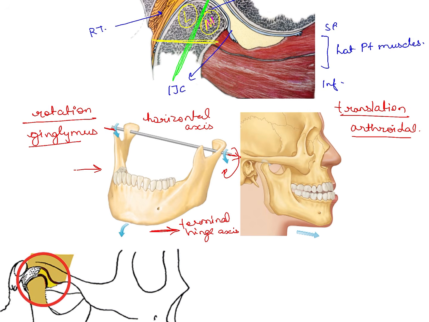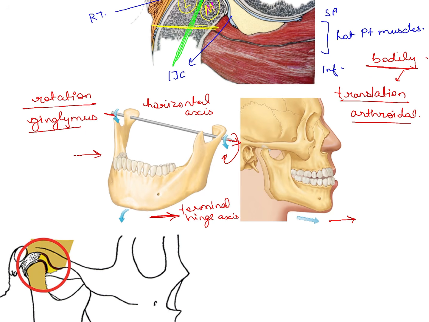Now, after the first few millimeters of rotation, there is a bodily movement or translation of the mandible. So, there is a combination of these two movements. That means it is not purely rotational or purely translational. It is a combination of these two. Okay, this has to be very clearly understood that the mandible rotates first and then translates in the resultant movement.